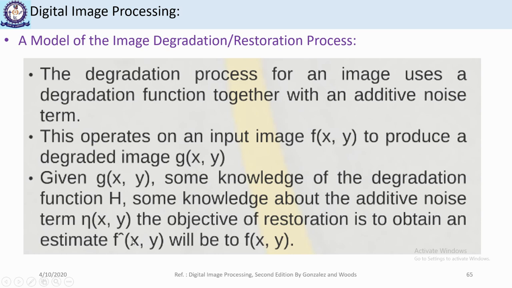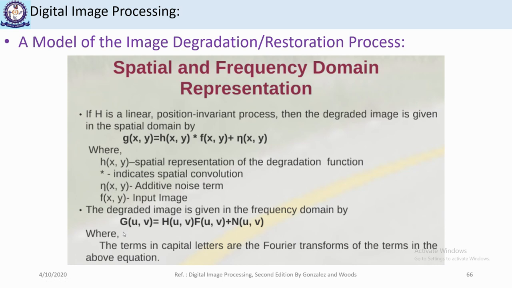And this f cap(x,y) is the output image, and we try that this f cap(x,y) is as close as possible to the original image, and this is possible if we have knowledge about the degradation function and the noise. Okay, moving forward.